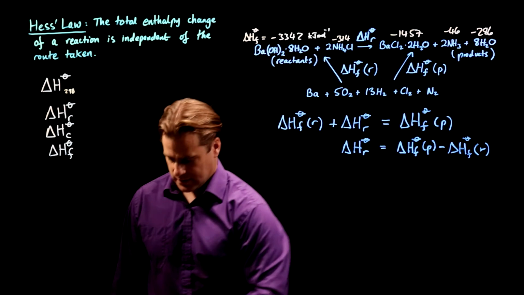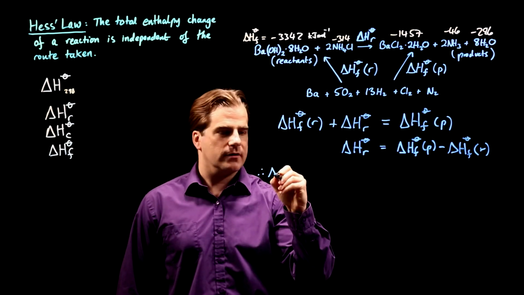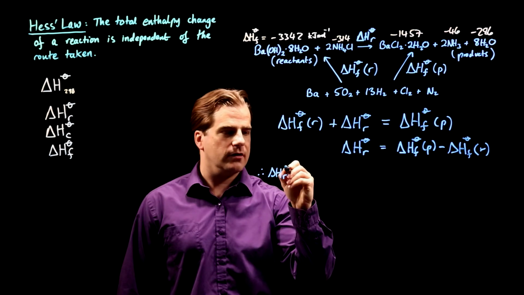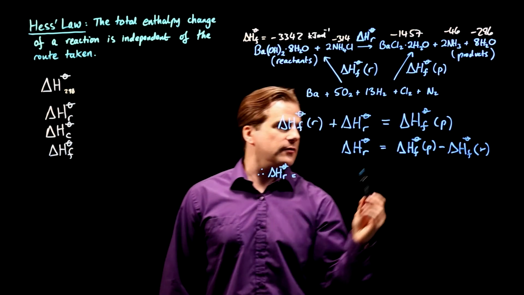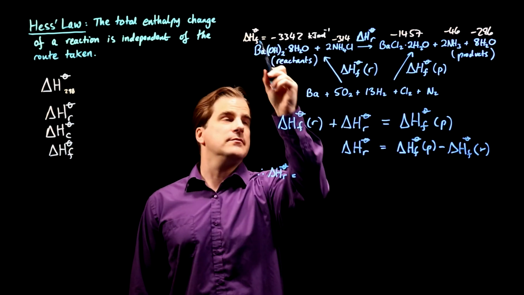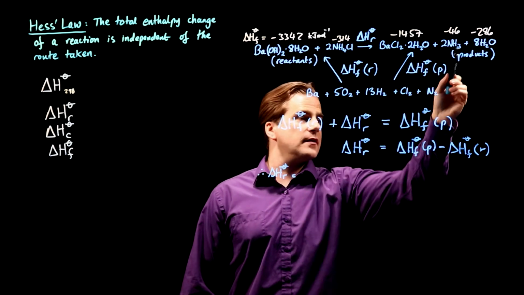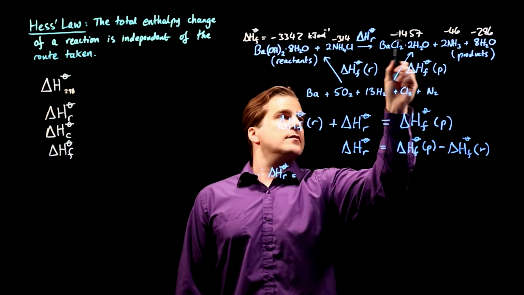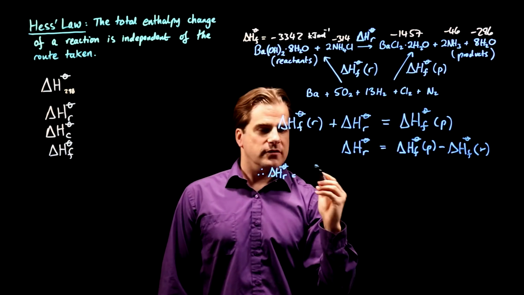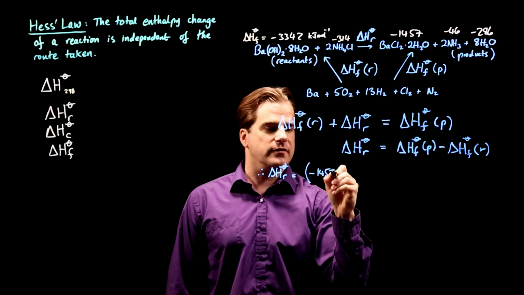So, therefore, delta HR is delta H of formation of the products, so that's this side. So there's one of those, so that would be minus 1457.